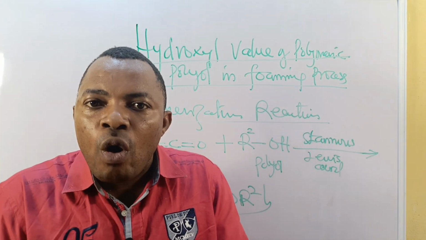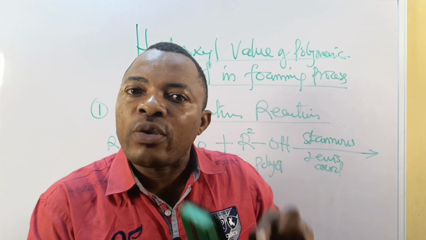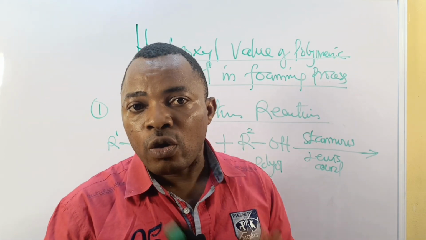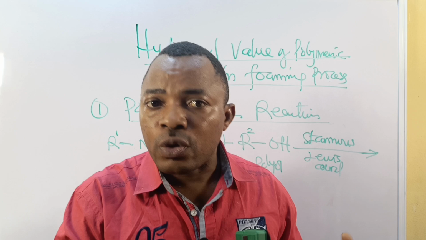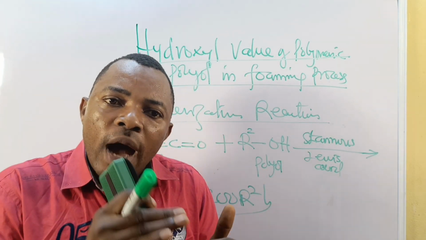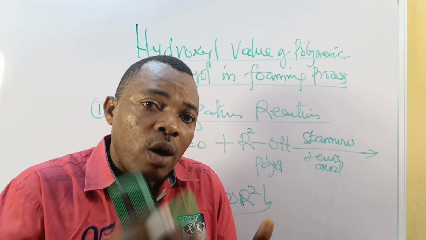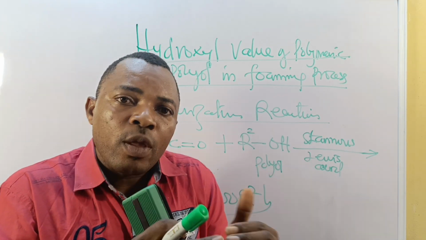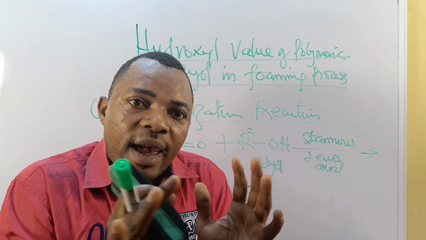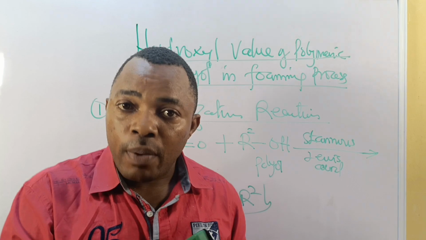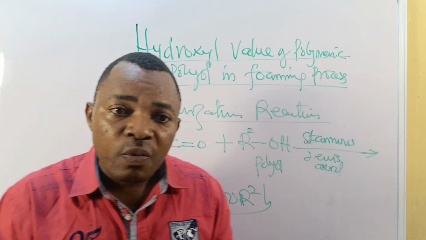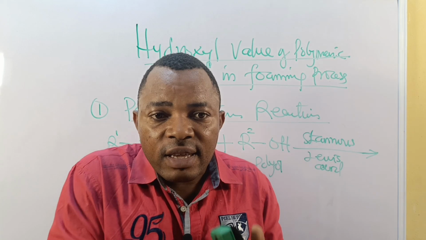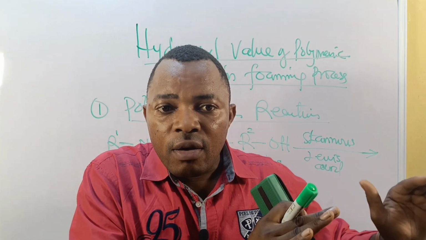It depends on the type of polyol you are using for that particular reaction, not that your formulation is not good, because a high OH value makes foam cure faster. So in a shorter time, the foam will achieve its exact chemical property.